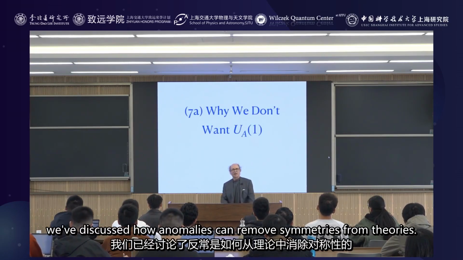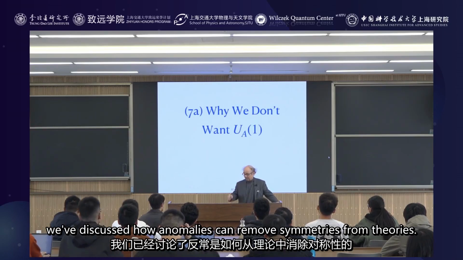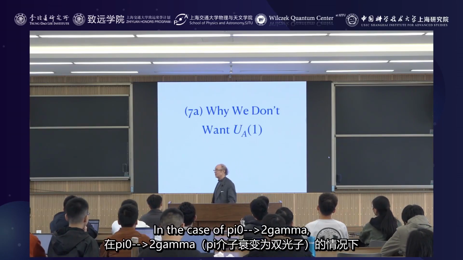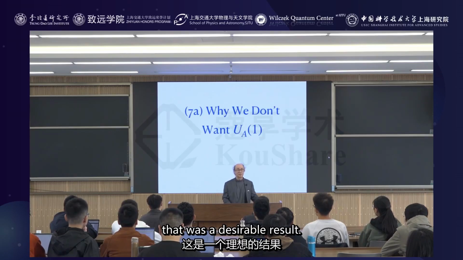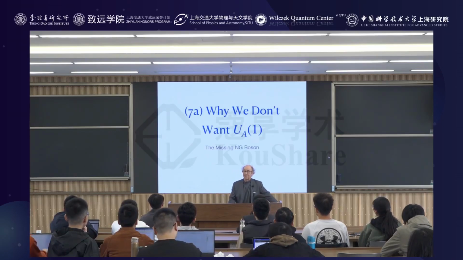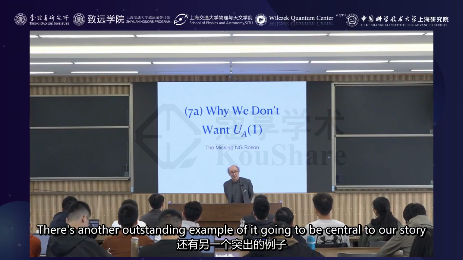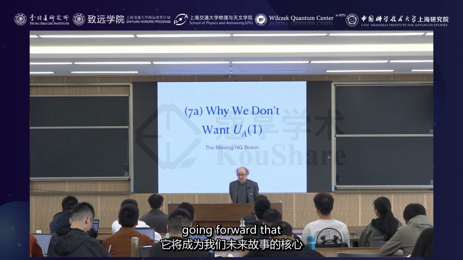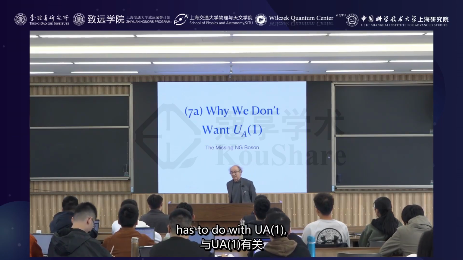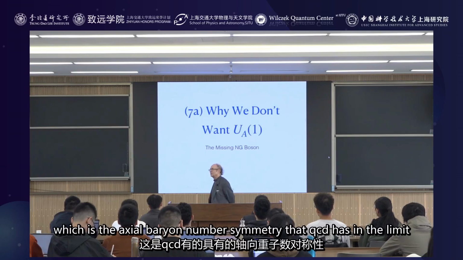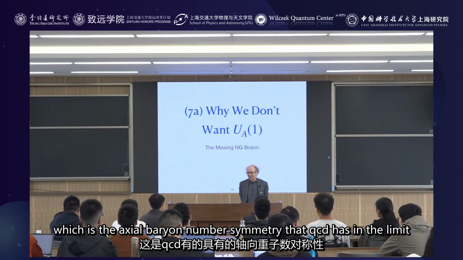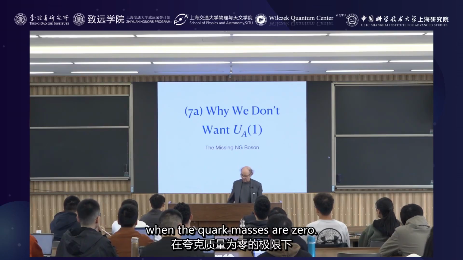So we've discussed how anomalies can remove symmetries from theories. And in the case of pi 0 goes to 2 gamma, that was a desirable result. And there's another outstanding example of it that's going to be central to our story going forward. That has to do with U(1)_A, which is the axial baryon number symmetry that QCD has in the limit when the quark masses are 0.